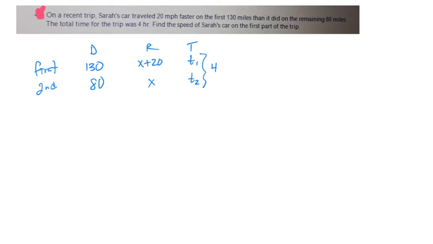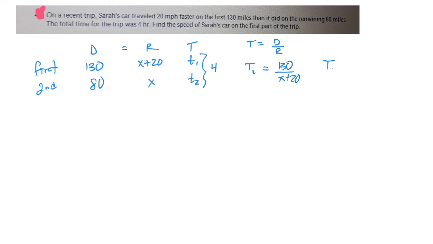So the formula is distance is equal to rate times time. To solve for time, time would be equal to distance over the rate. So the time for the first one is the distance, 130, over x plus 20.